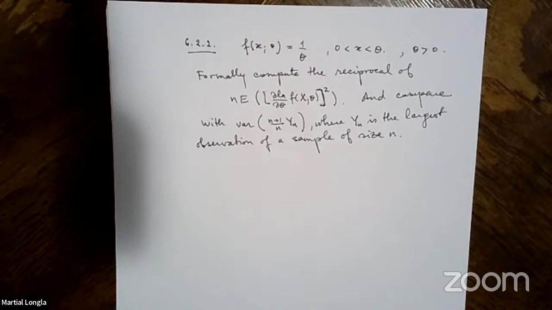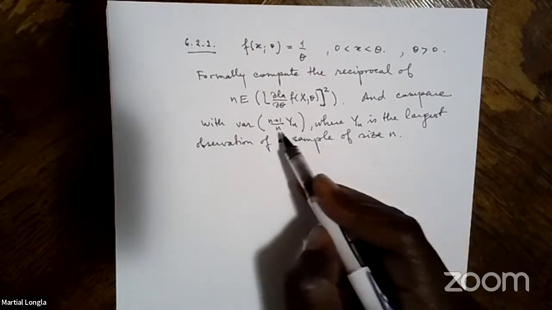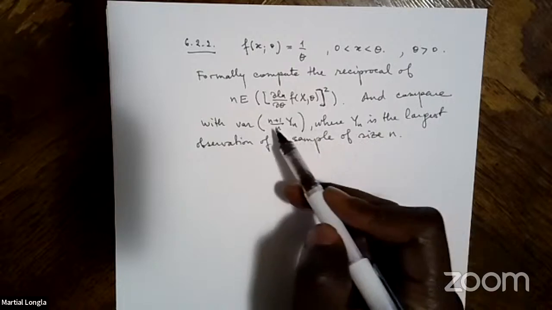So now the random variable we need to compare it to is (n plus 1) over n Y_n.